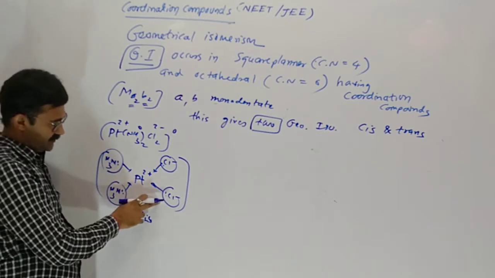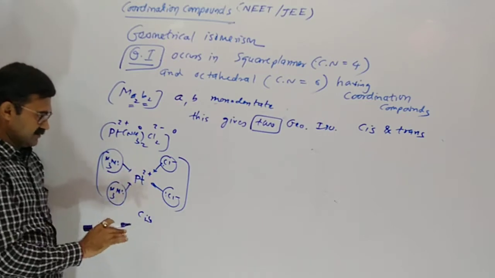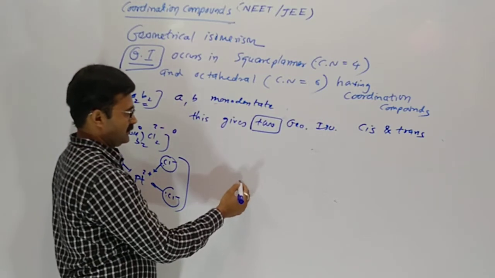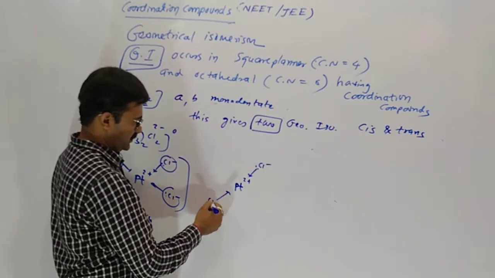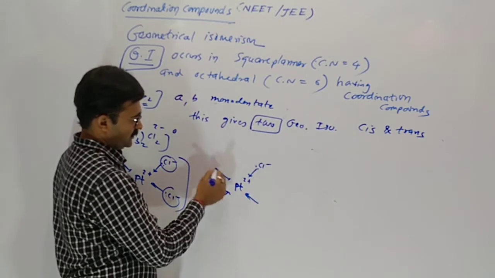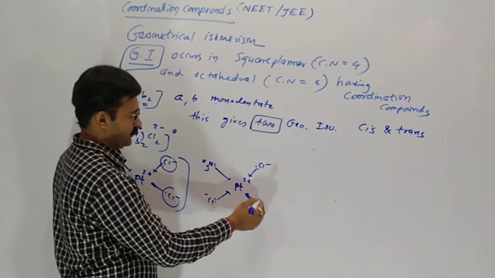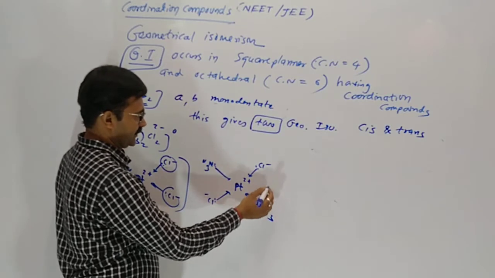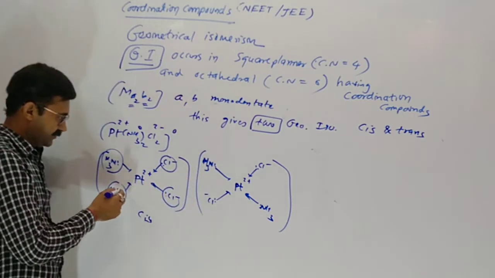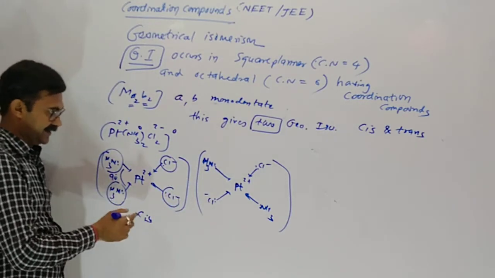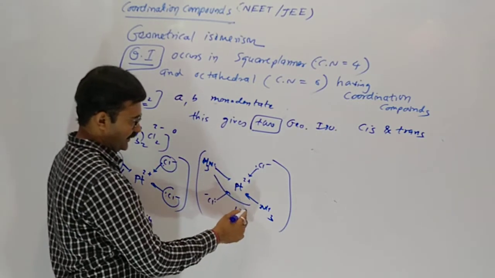Here, the 2 chloride are opposite to each other and the 2 amines are opposite to each other. You can see the relative place is changed. The relative angle is changed: here the angle is 90 degrees, here it is 180.